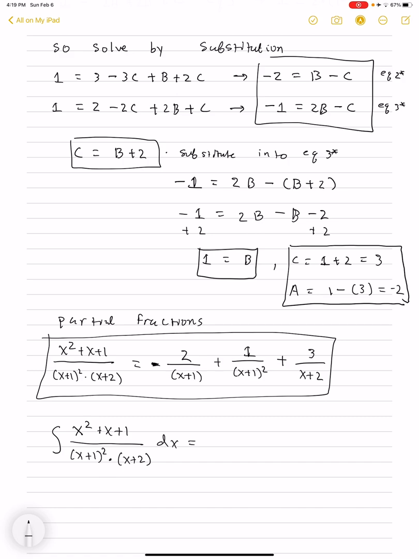So if we want to integrate this quantity using the partial fraction identity, I can just integrate minus 2 over x plus 1 plus 1 over x plus 1 quantity squared plus 3 over x plus 2 dx. And that's what I have to integrate, those three terms.